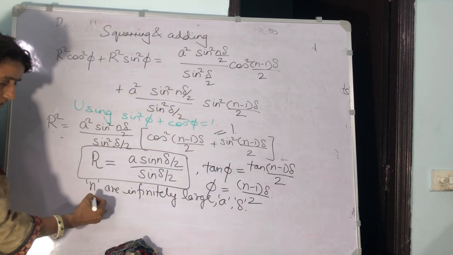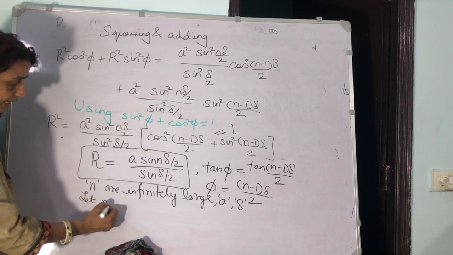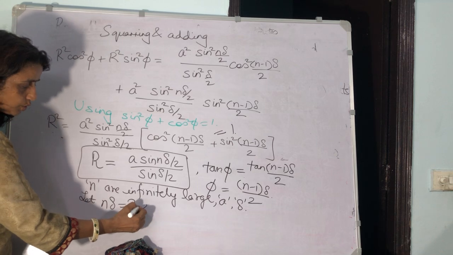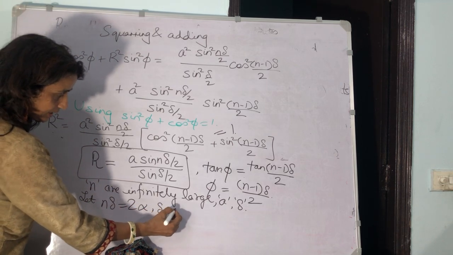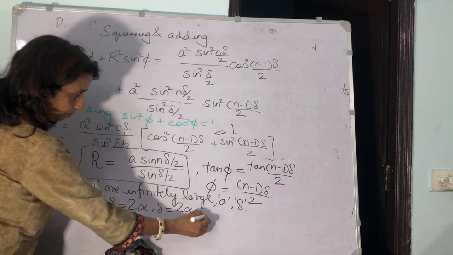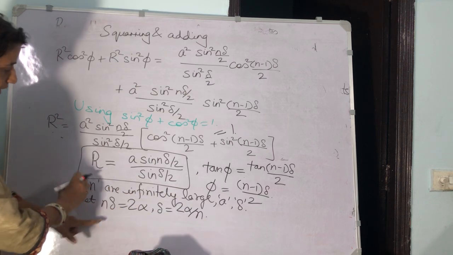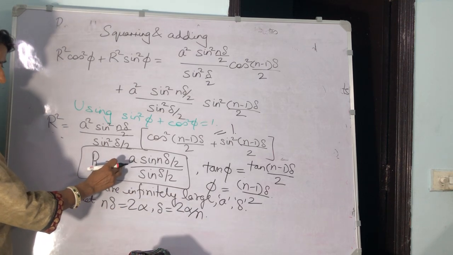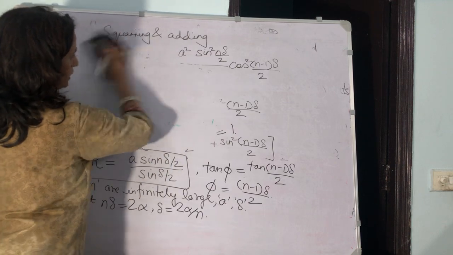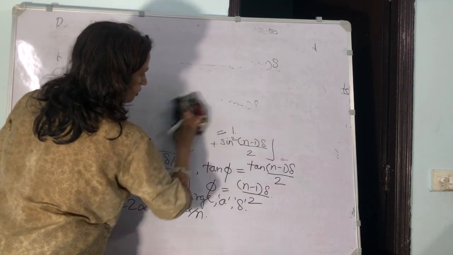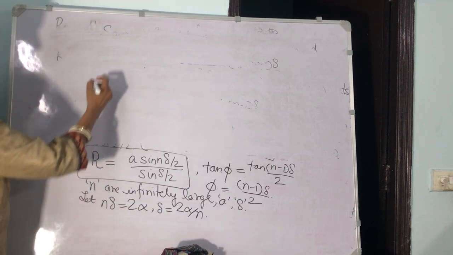So in these expressions, let nδ be equal to 2α. So your δ becomes equal to 2α upon n. Putting this value in the expression for resultant, we are simplifying it further to find an expression for resultant due to n number of waves that have got diffracted.